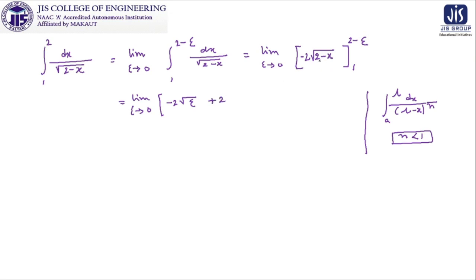If you put 1, 2 minus 1 is 1, so 2 into root over 1. Now if epsilon tends to 0, it will give you 0, and root over 1 is 1, so ultimately you get the value as 2. So you get the result as desired.